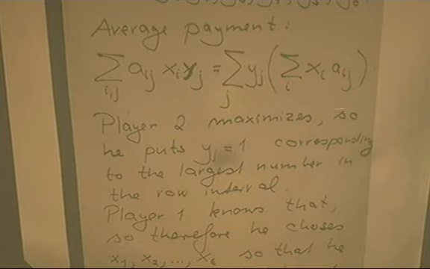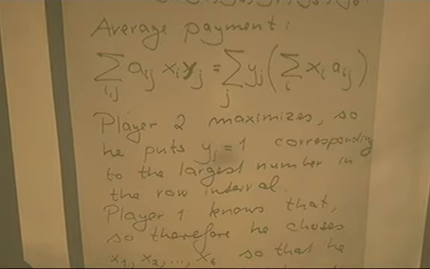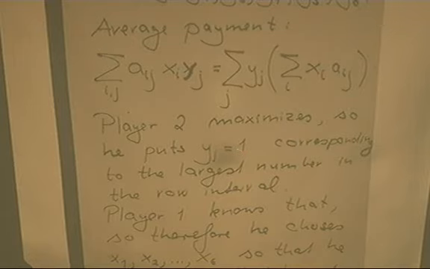And what is it player 2 wants to do? Well, of course, he wants to maximize this number. So he just looks at this vector and takes the biggest number. That's the best for him. So player 2 maximizes. This means that he puts yj equal to 1 corresponding to the largest number in the row interval.